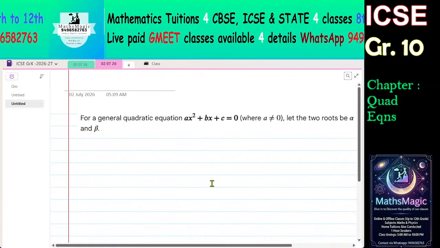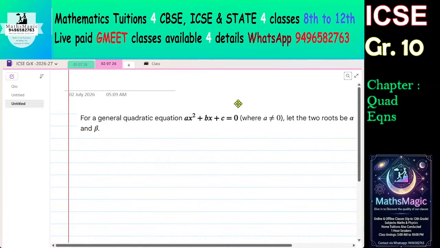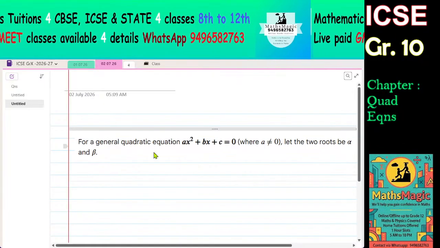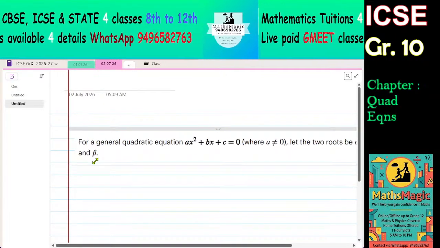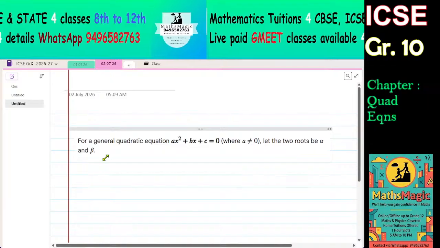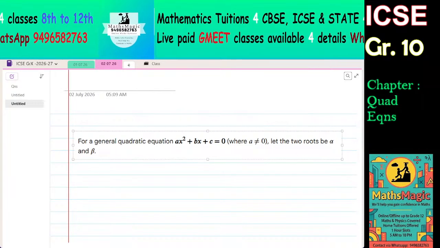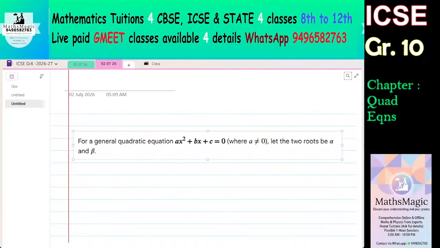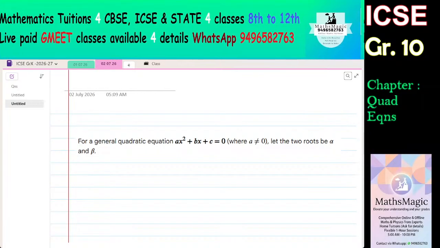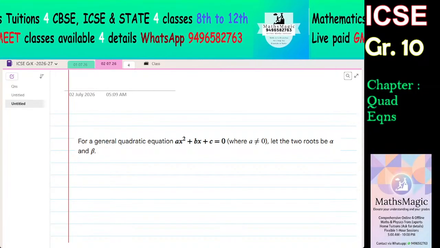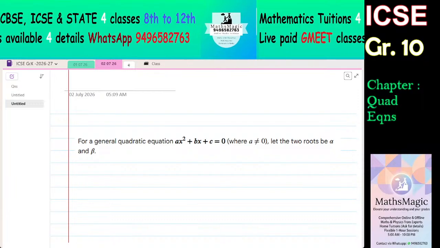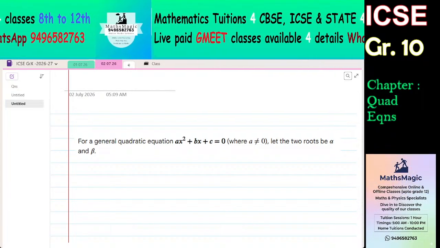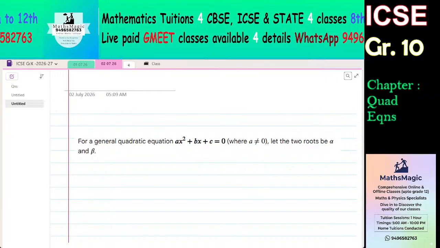For a general quadratic equation, ax squared plus bx plus c, let the roots be alpha and beta. Yeah, we have done many questions with alpha and beta. And the sum of roots is minus b by a, and product of roots is c by a.